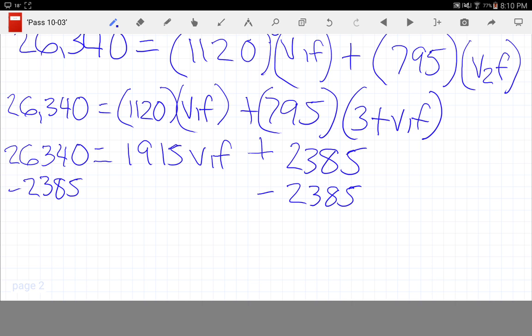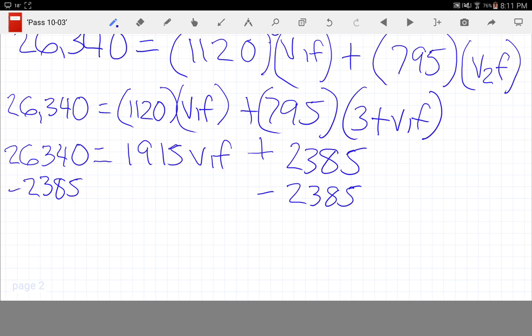If I were to write it all the way out, you'd have 1120 V1 final plus 795 V1 final plus 2385. Then you would collapse your V1 final values to get 1915 V1 final plus 2385.